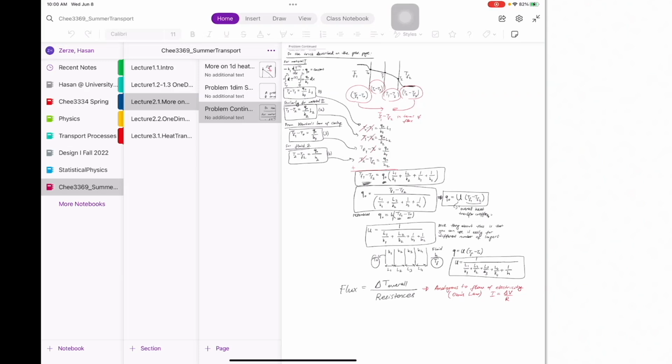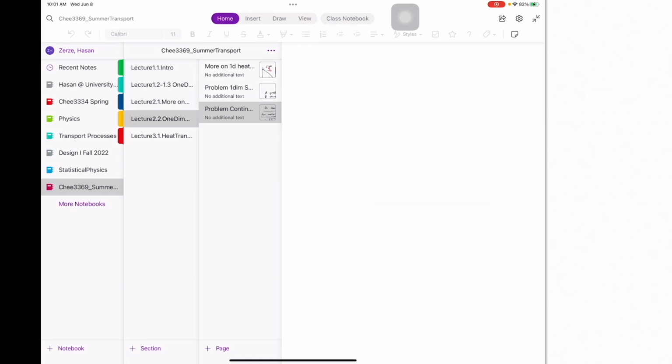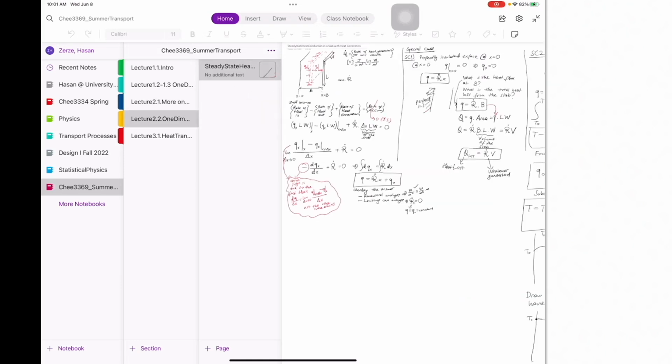And we said that it's very useful to relate the flux to the temperature differences at two terminals of the system. We learned about how to tackle the heat conduction problems with generation involved.